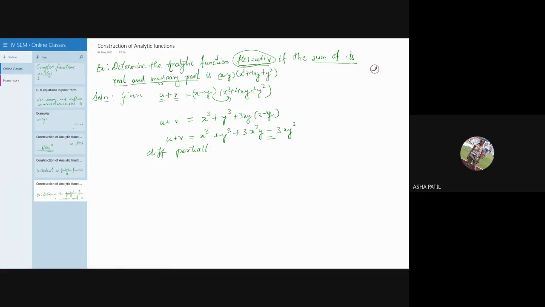Then is it x cube minus y cube? Is it right? Just verify it. Have I written correctly? It is right.